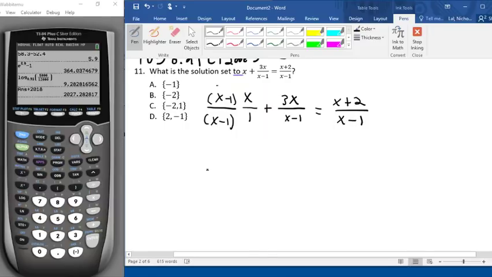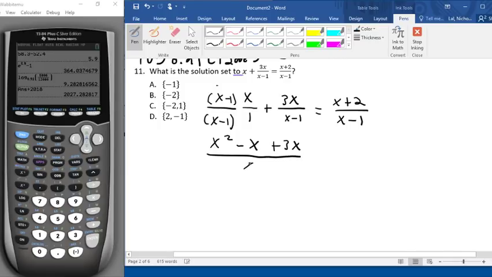So we multiply across, and we can get x squared, x times x is x squared, minus x plus 3x all over x minus 1, because we now have a common denominator, is equal to x plus 2 over x minus 1.